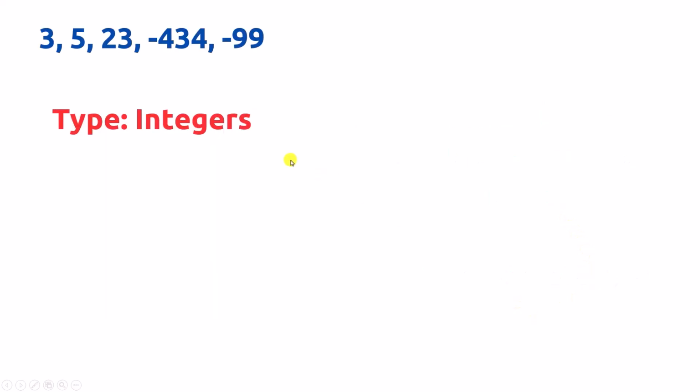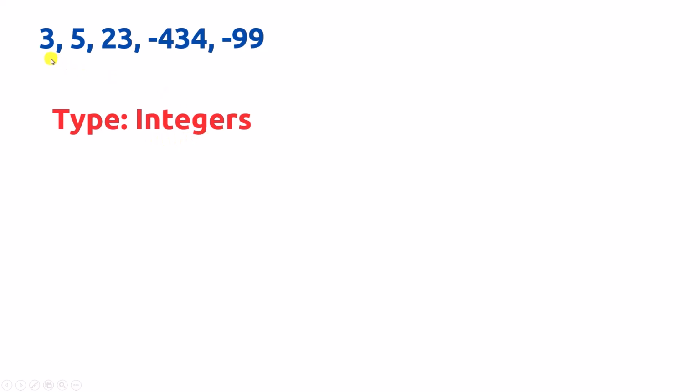In the same way, in C language, we have different data types. Just like we had vegetables and fruit, we have different data types, and that is what we need to learn in this video. First type of data is integers.